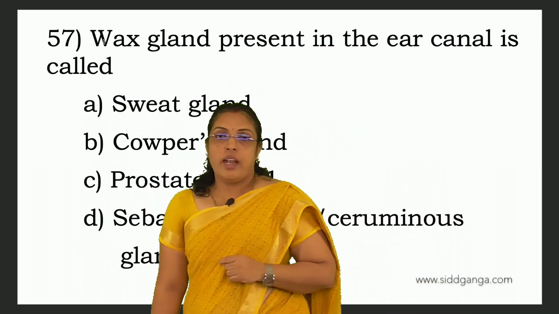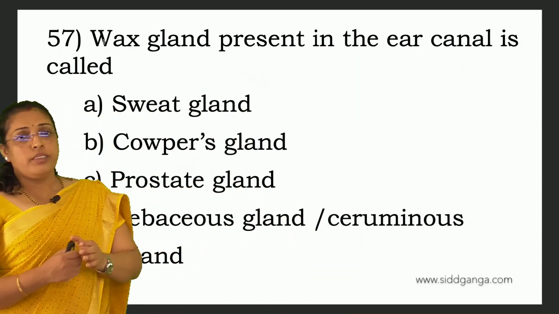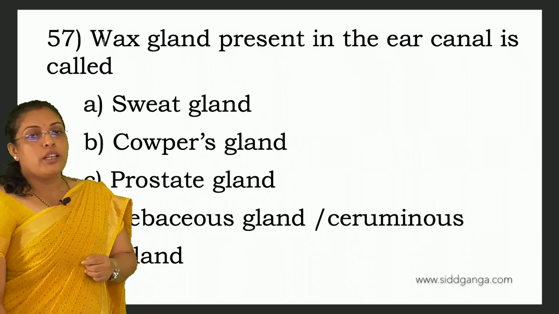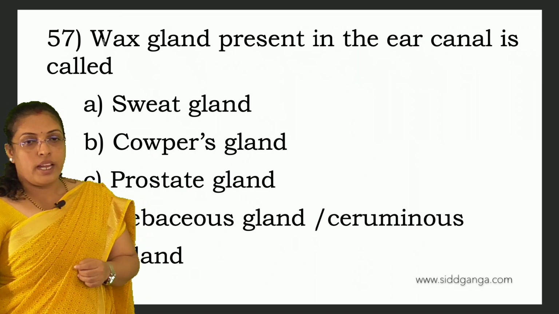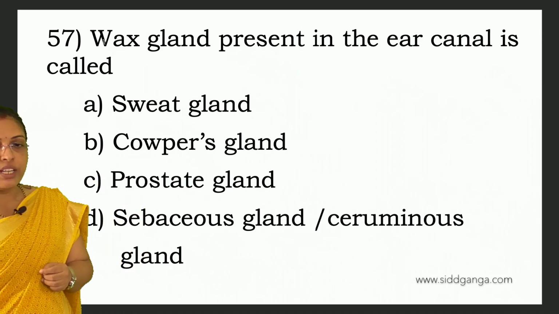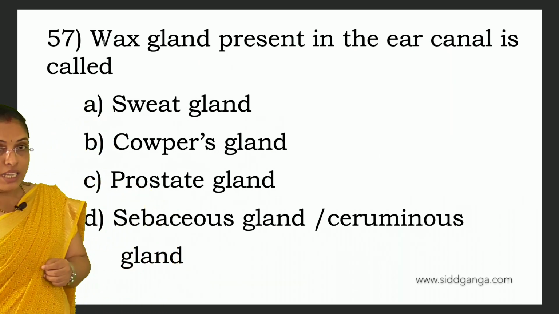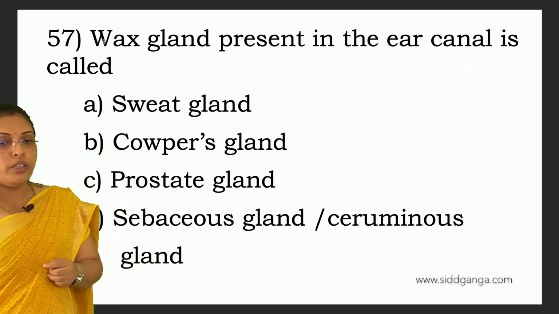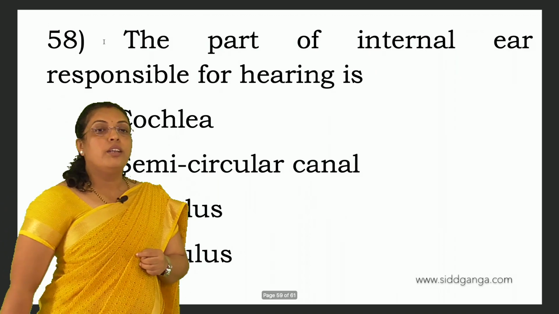The wax gland present in the ear canal is called: the glands present in the ear which secrete wax, they are given sweat gland, Cowper's gland, prostate gland, sebaceous gland or ceruminous glands. For 57, D is the answer. The wax glands present in the ear are ceruminous glands. They are modified sebaceous glands.